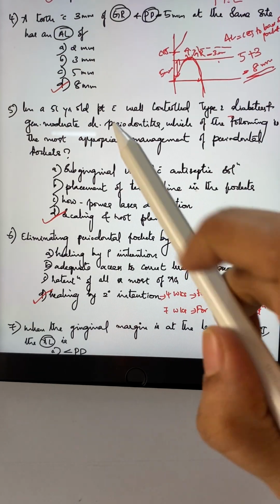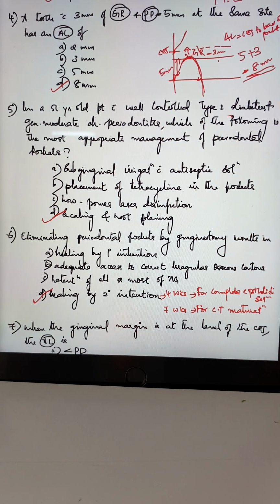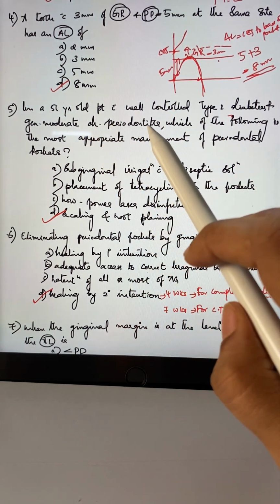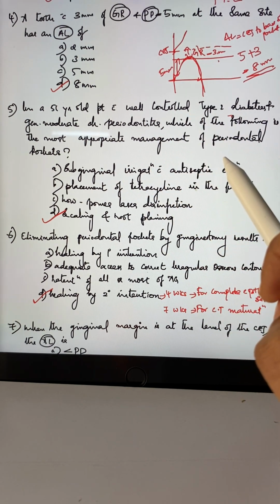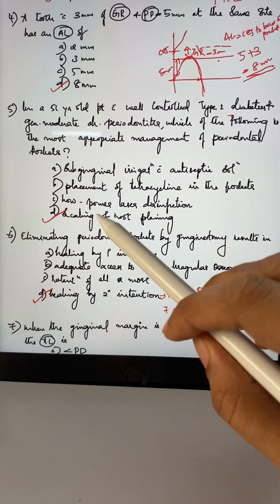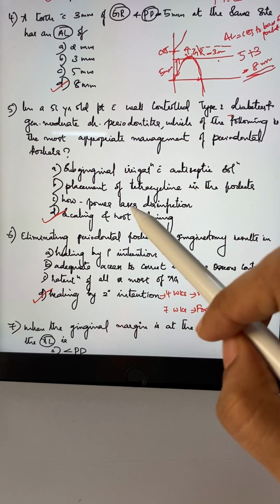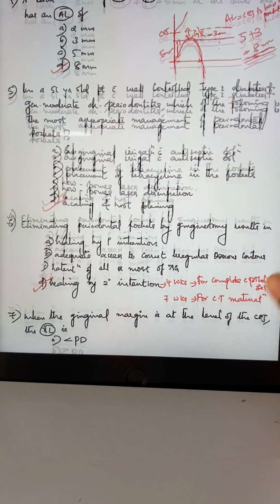Next is, in a 51-year-old patient with well-controlled type 2 diabetes and generalized moderate chronic periodontitis, which of the following is the most appropriate management of periodontal pocket? Appropriate management definitely would be scaling and root planing, not the other. These all are false.